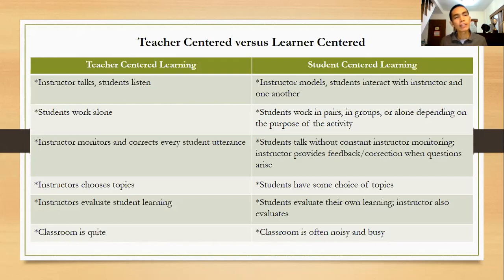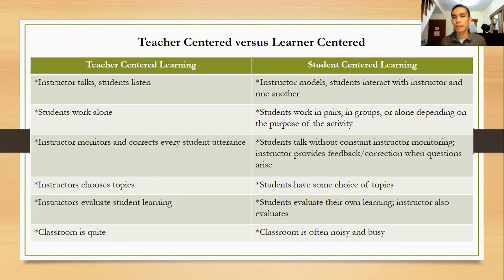Of course, the other one is that students work alone in teacher-centered learning, while in student-centered learning students work in pairs, in groups, or alone, depending on the purpose of the activity.